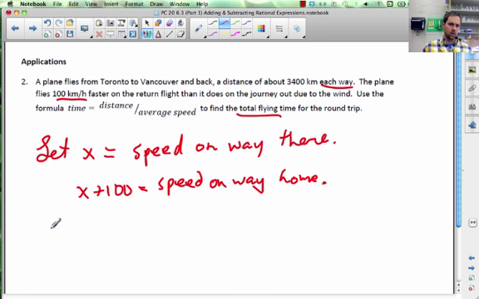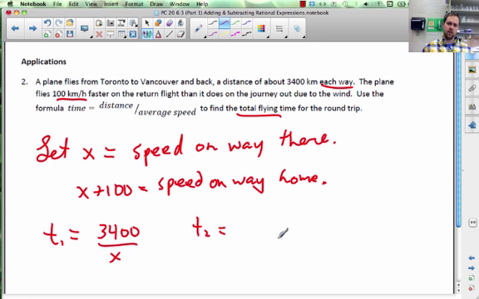So T for the way there equals D over V, which is 3,400 over x. So this is T1.